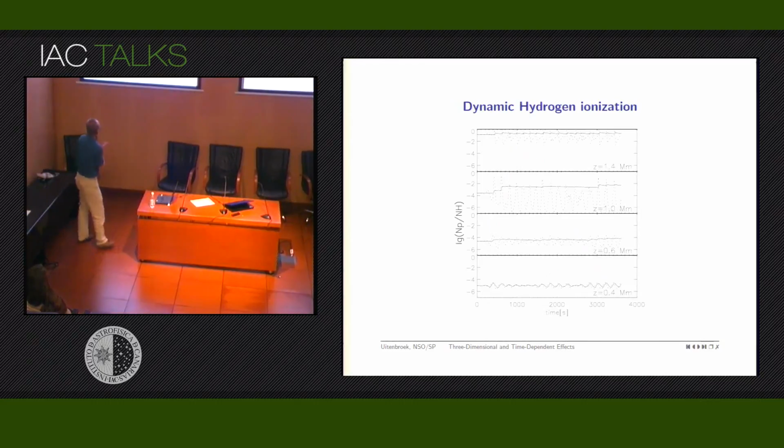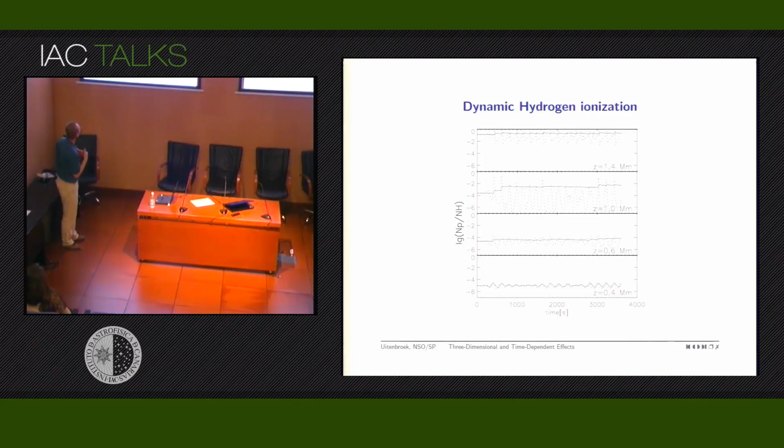And you clearly see that here in this plot, where the relative ionization of hydrogen, so the log of the proton density over the total hydrogen density, is shown for different levels in the atmosphere, where the instantaneous value that would be predicted by Saha-Boltzmann is plotted by the dashed line, and the actual value in the simulation is plotted by the solid line.